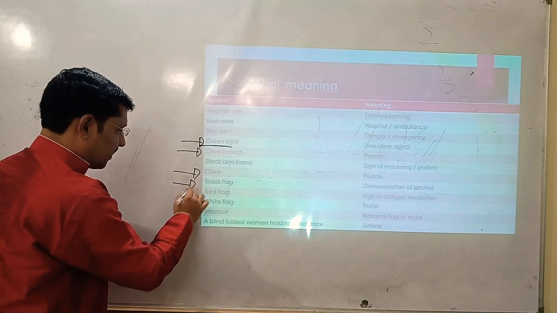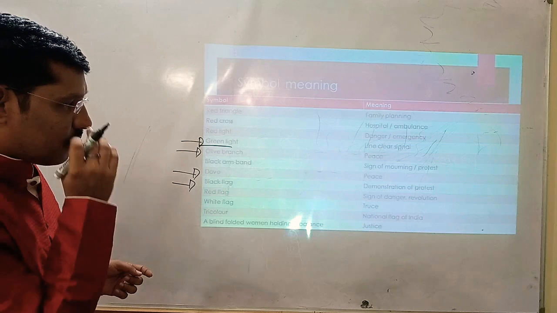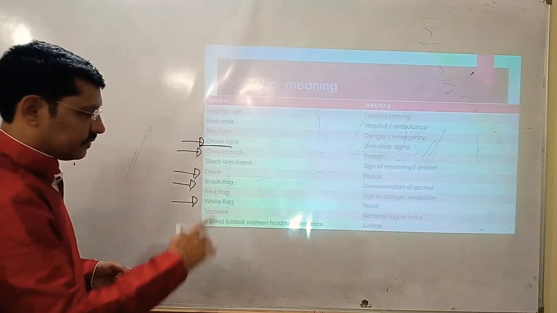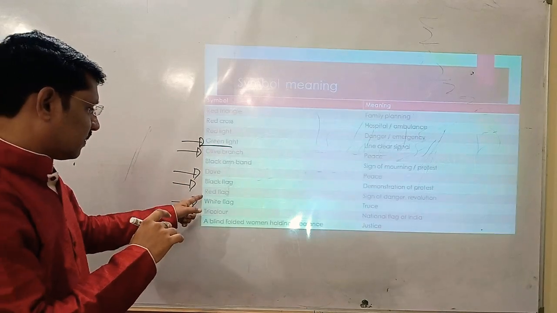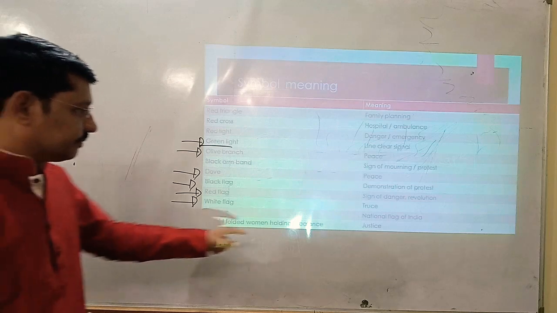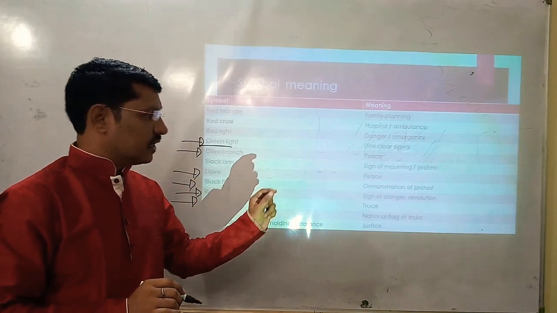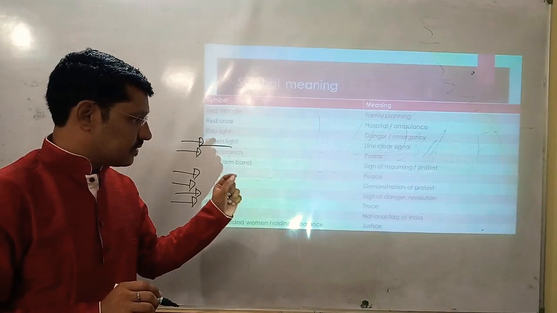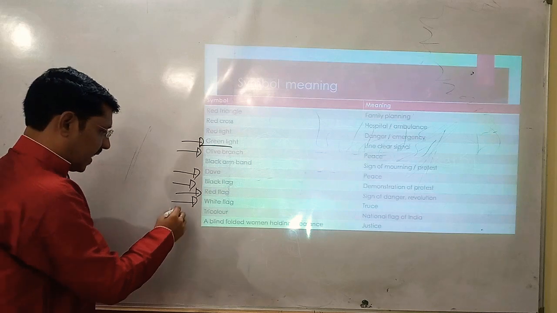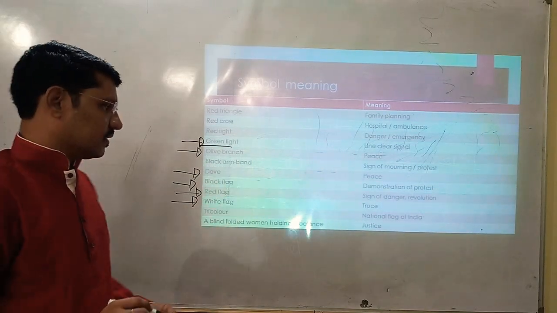Then black flag, demonstration of protest. Red flag is sign of danger or otherwise revolution. Signal of danger, revolution is the red flag. And next one is a white flag, that is truce.